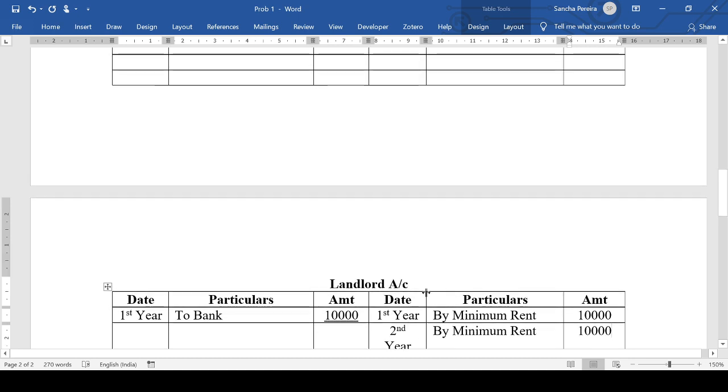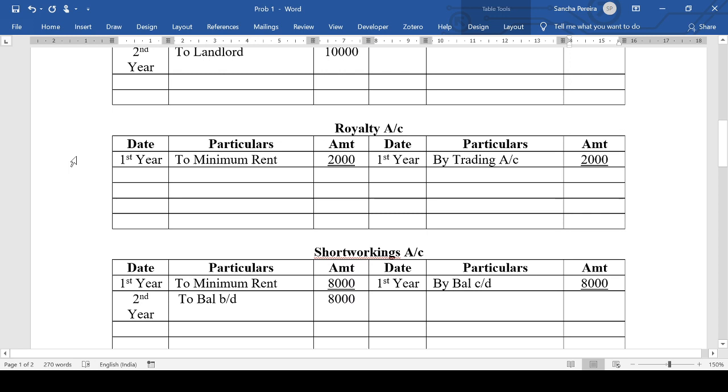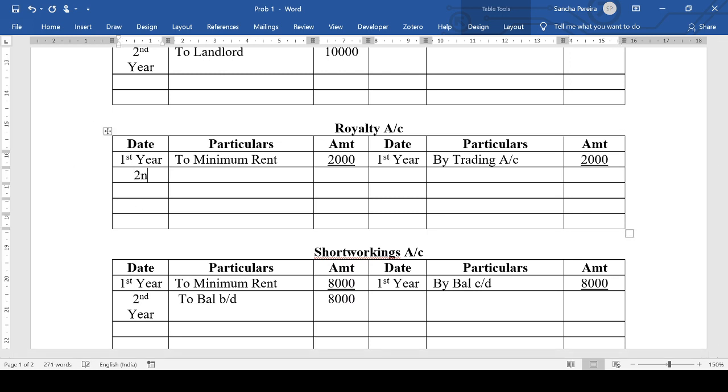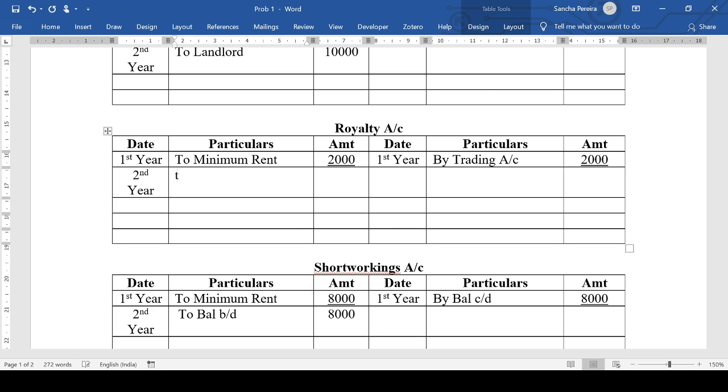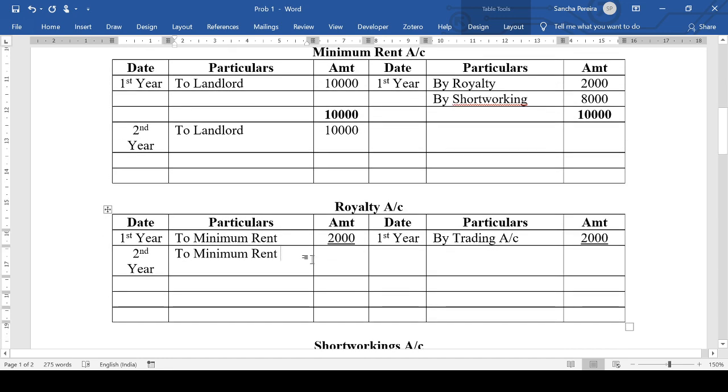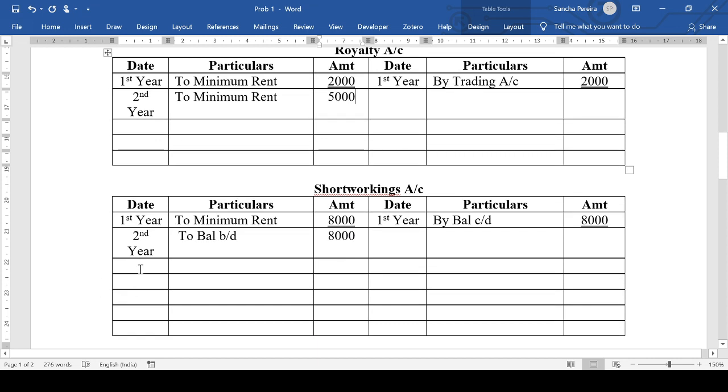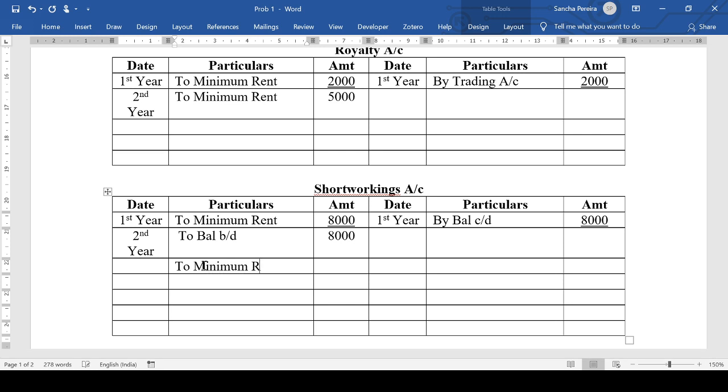Then the next entry is royalties account debit, short working account debit to minimum rent. What is the royalty in the second year? 5,000. Short working is also 5,000.